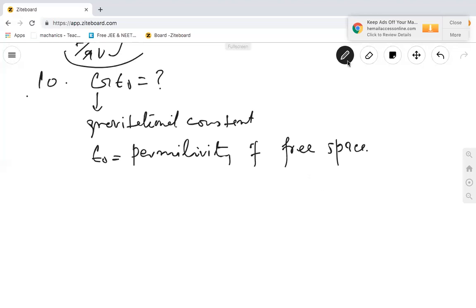Is that right? Okay, so what comes to your mind? First of all, gravitational force is G m1 m2 by r square. That comes to your mind.